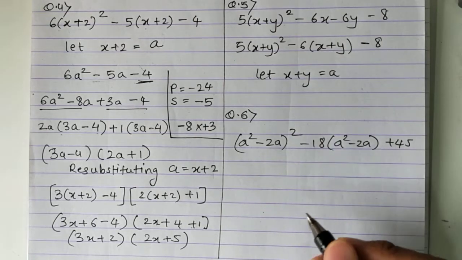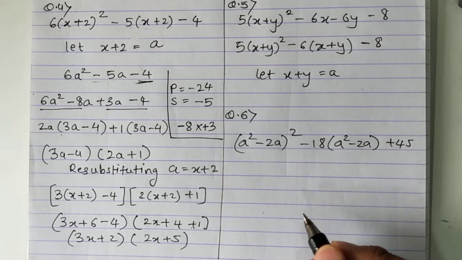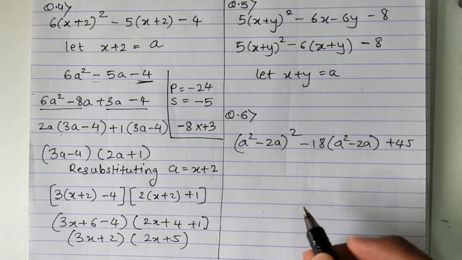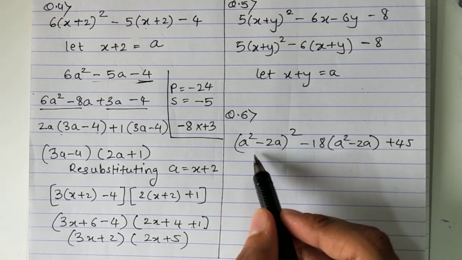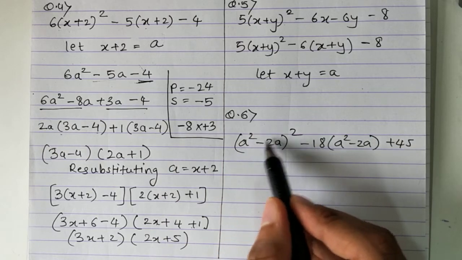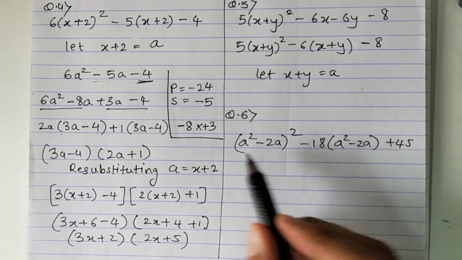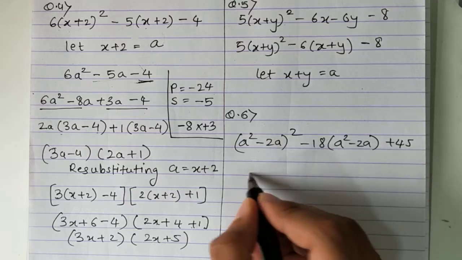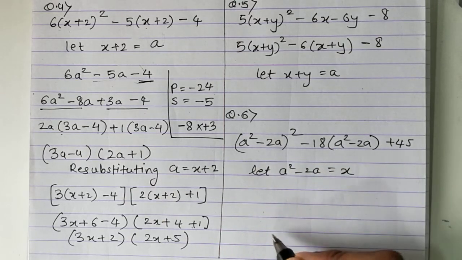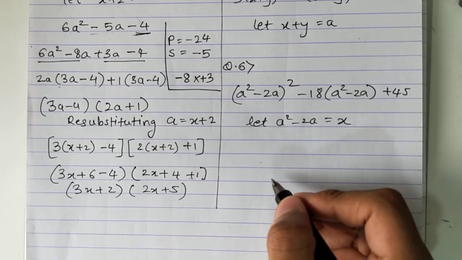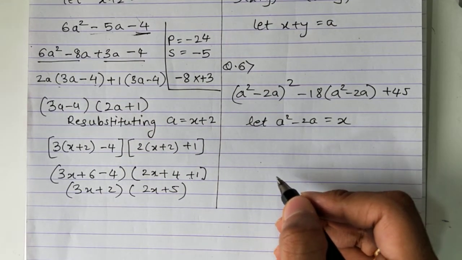Now we have this question. In this question, see, a square minus 2a, a square minus 2a, I can substitute this. So let a square minus 2a be x.